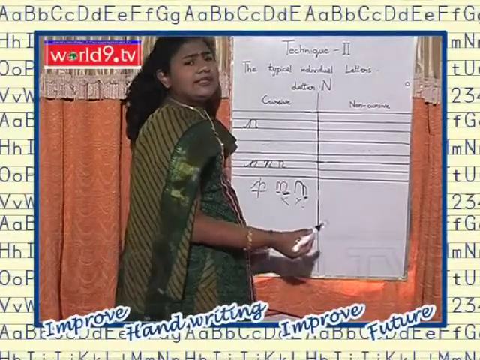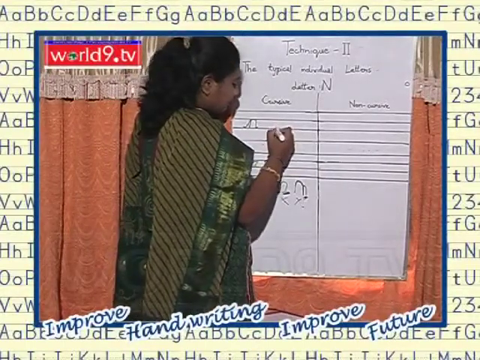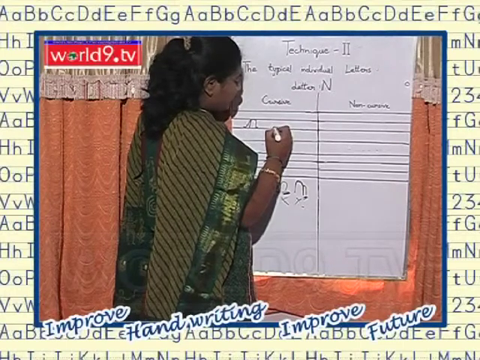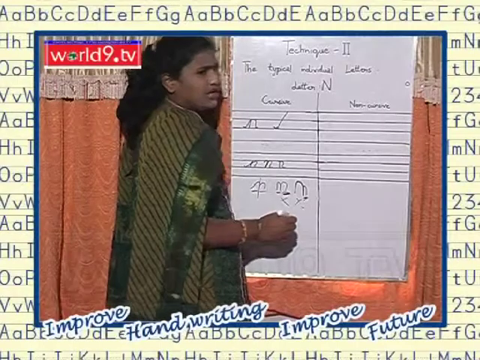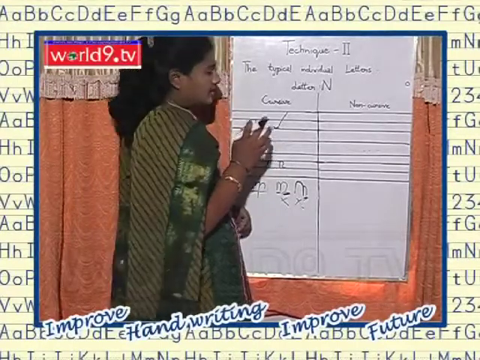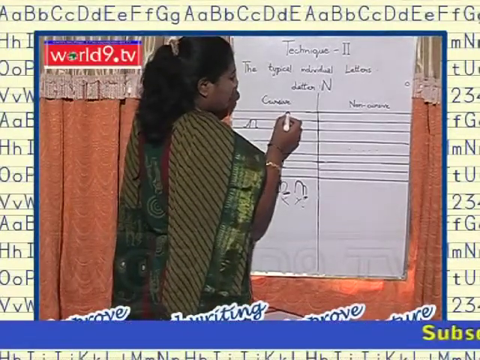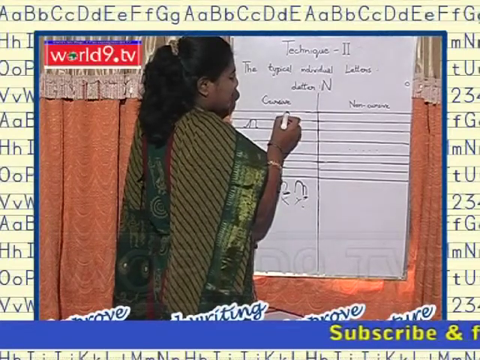Coming to cursive handwriting, capital letter N. From here onwards, you give a small tail, and from there you give a forward slant line till the upper part, from baseline to upper part.